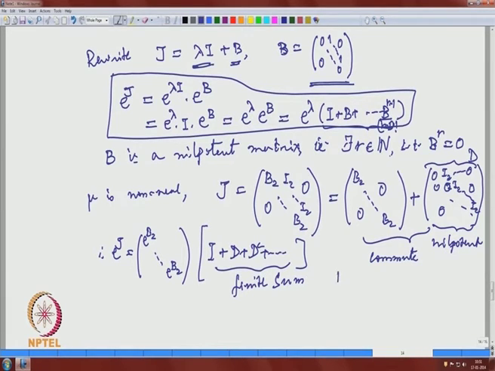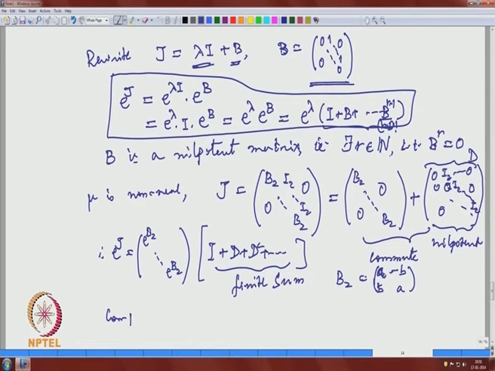Remember B2 is the matrix with entries A, minus B, B, A, just a 2 by 2 matrix. So, it is very easy to compute that.